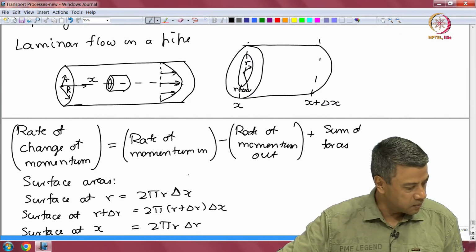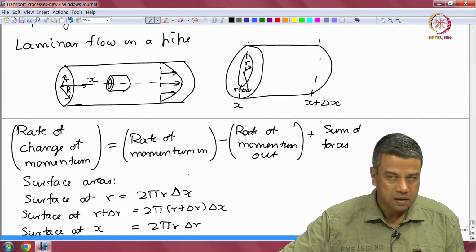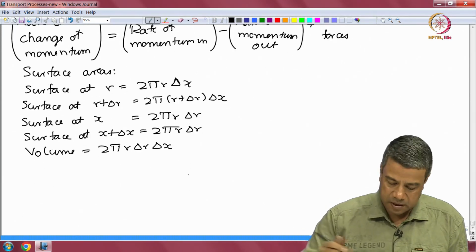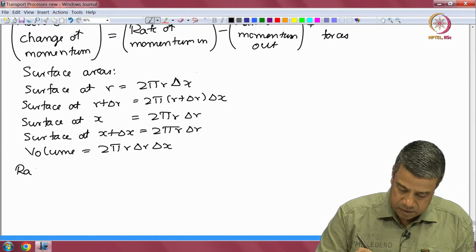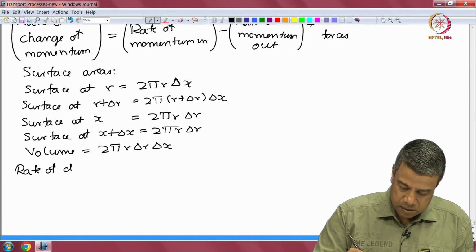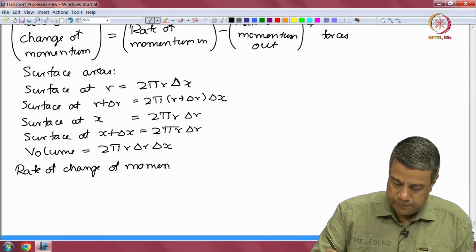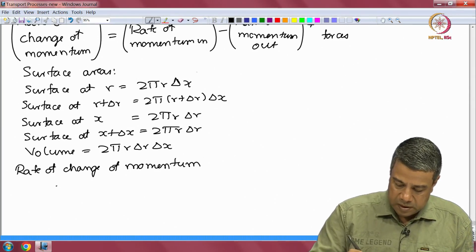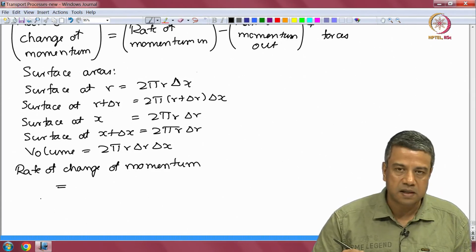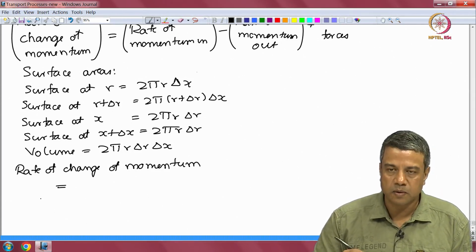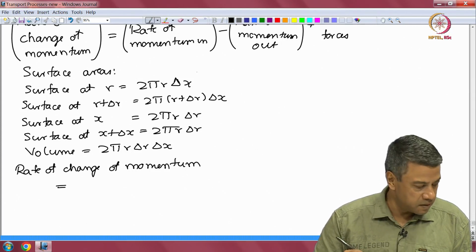First we will look at what are the forces. The rate of change of momentum is going to be the change in the momentum density times the volume.